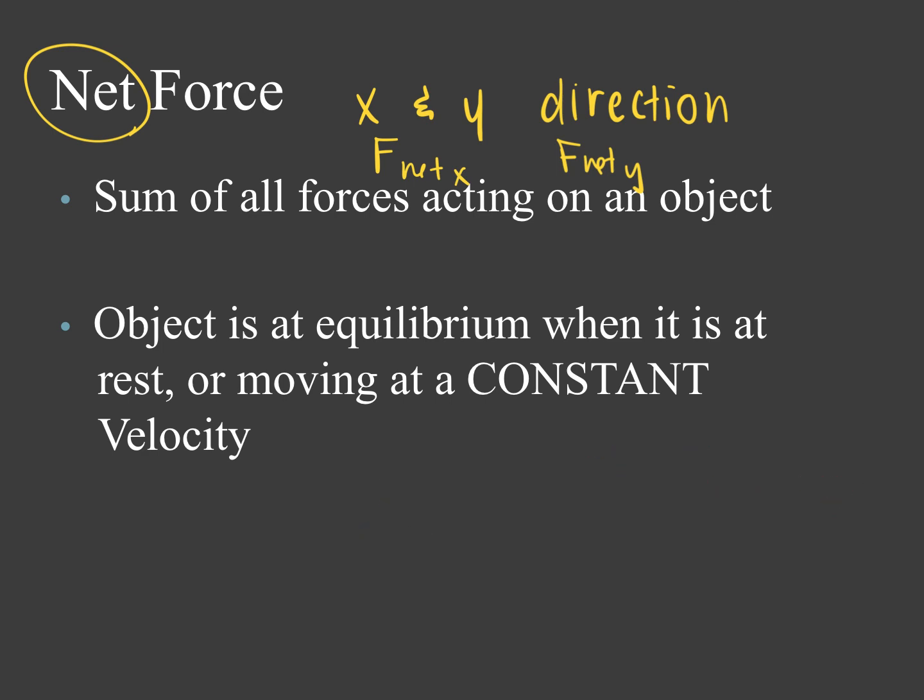Do you have any idea or thoughts about what this word means? An object is at equilibrium when it's at rest or when it's moving at a constant velocity. What do you think that equilibrium means? Yeah, Isaac. Like balance. Okay, good. Yep, that's what we mean. If we're at equilibrium, the net force in that direction equals 0.